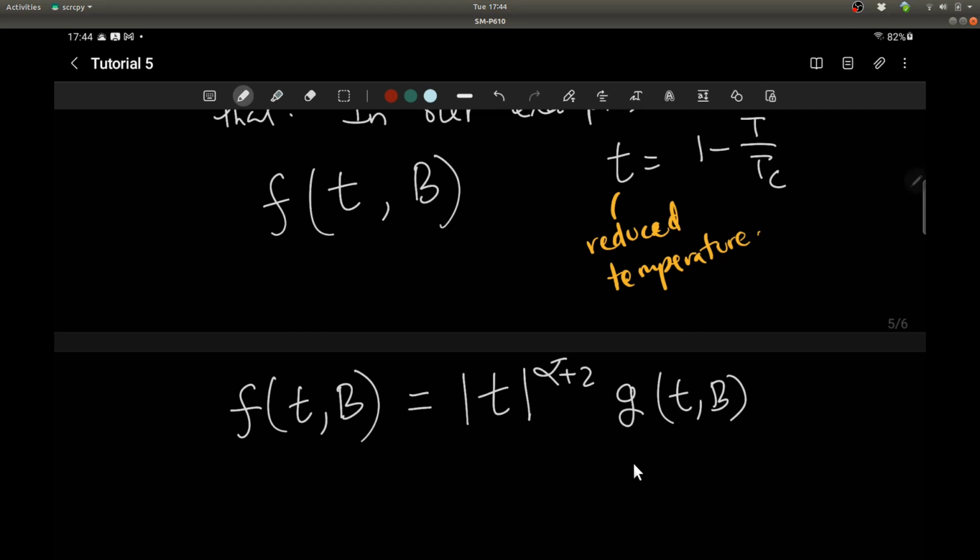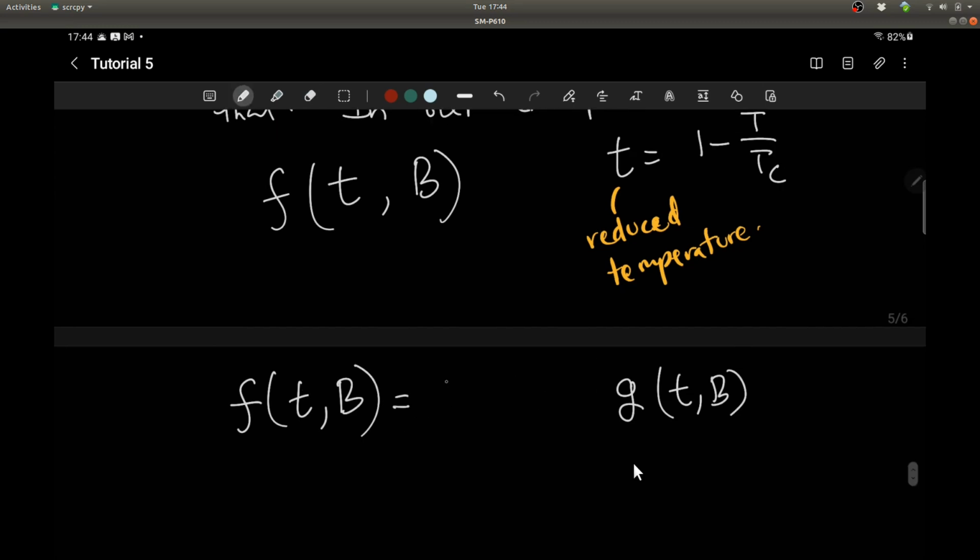Okay, and why did I put alpha here? Can someone tell me? Go back to the definition of alpha, right? What was alpha? It was an exponent of the specific heat, right? So it's a second derivative of f, okay? And we are only interested in the singular behavior.